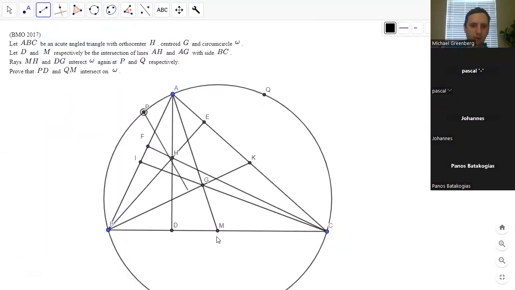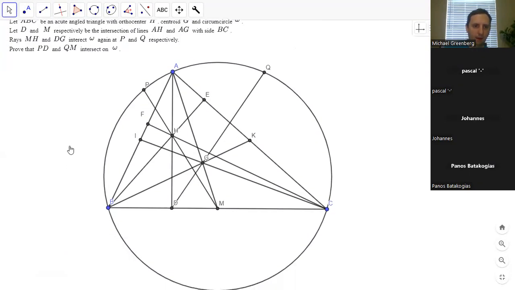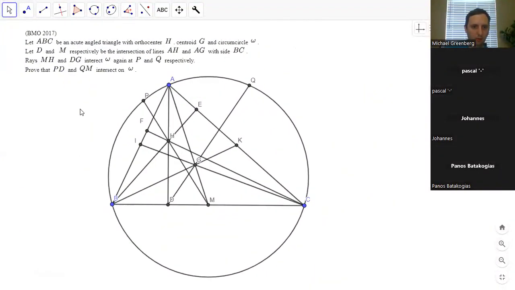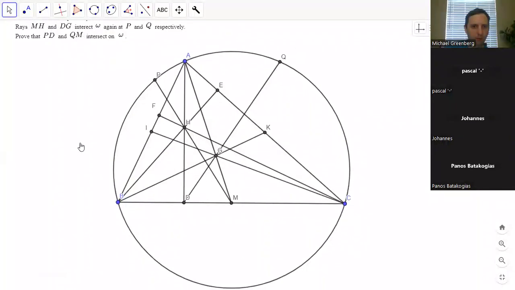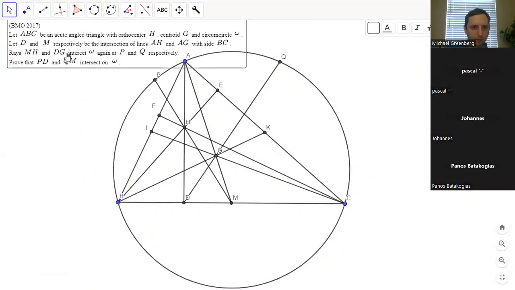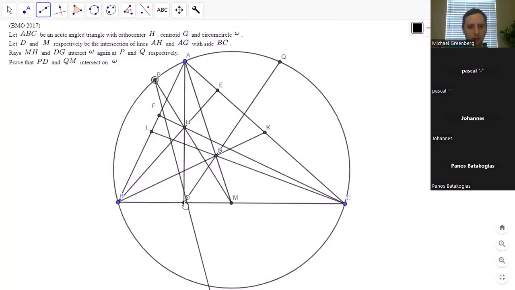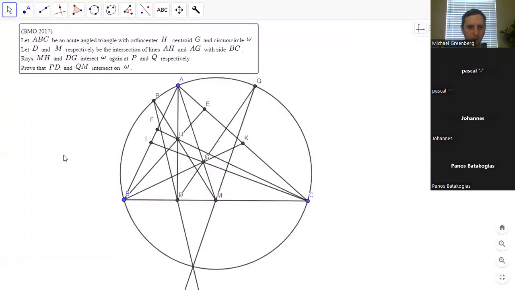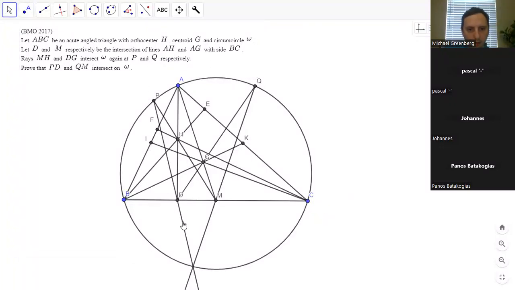Maybe we'll just solve it really quickly. So PD and QM, we want to show they meet on a circle.